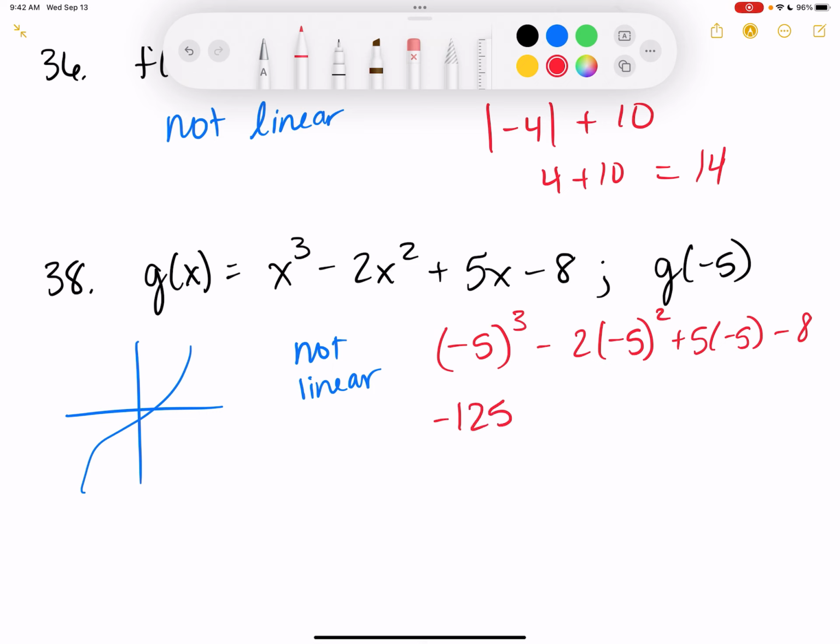And then negative 5 squared is 25, times negative 2, negative 50. 5 times negative 5, negative 25. And then minus 8. And so that ends up being negative 208. And then that's it. Cool.